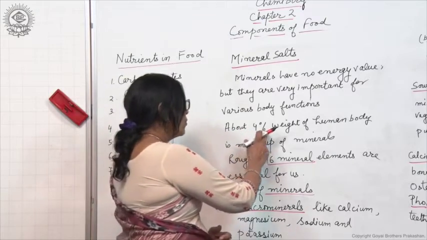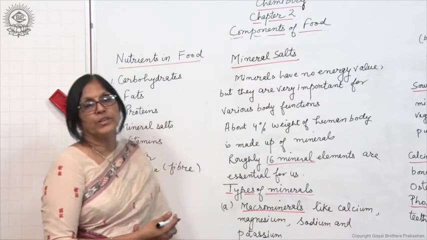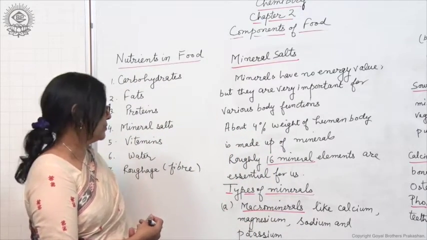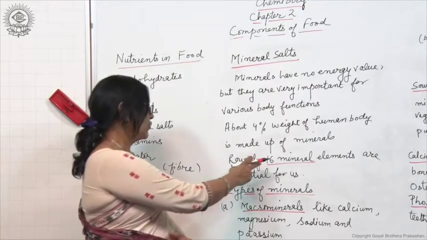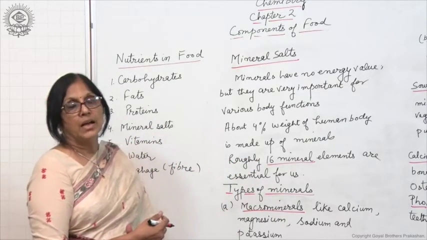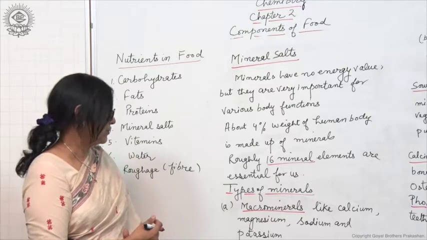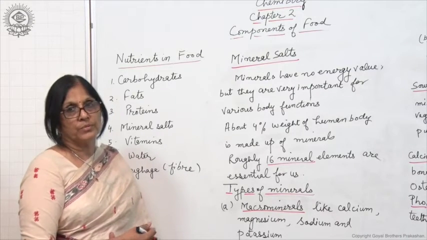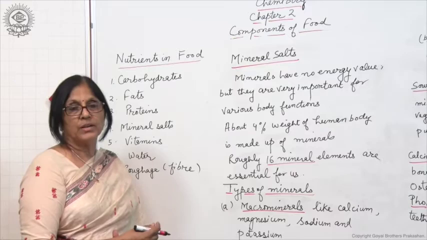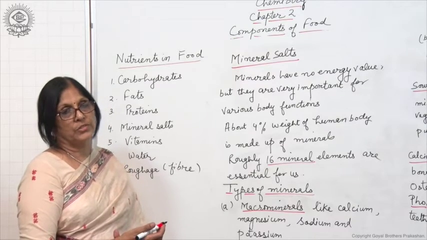About only 4% weight of human body is made up of minerals, and roughly about 16 mineral elements are essential for us. Now there are two types of minerals, macro minerals and micro minerals.